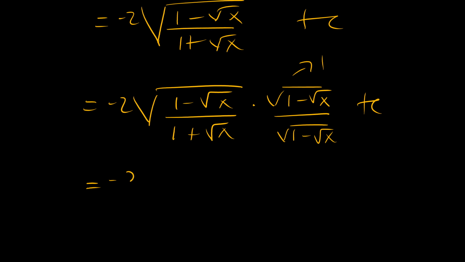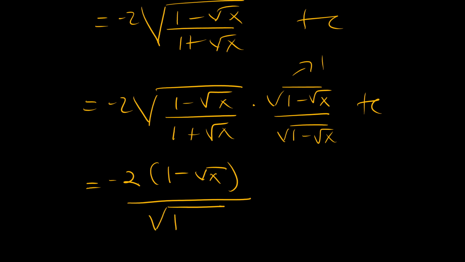In the numerator we get 1 minus square root of x, or square root of 1 minus square root of x squared, which is 1 minus x, plus c.